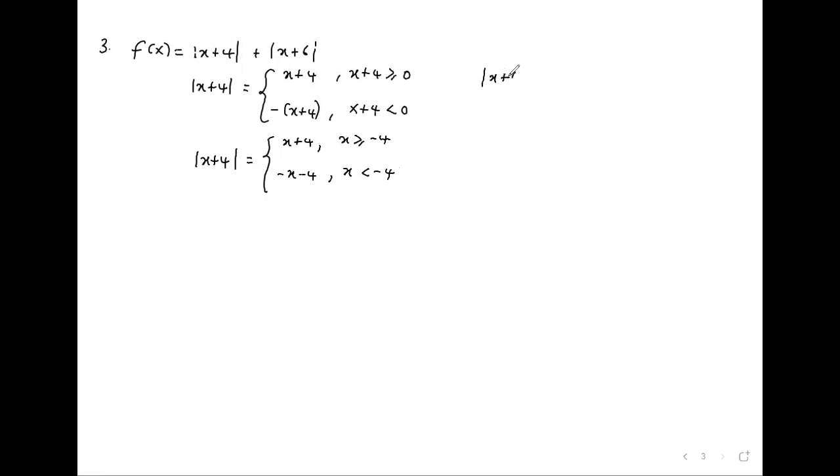The other piece: it is x plus 6 if x plus 6 is greater than or equal to 0. Is the sign not changing there? There's no sign here to divide. Are you seeing that?